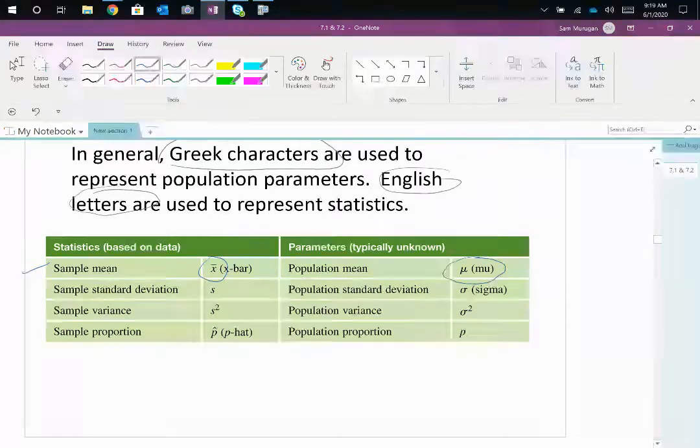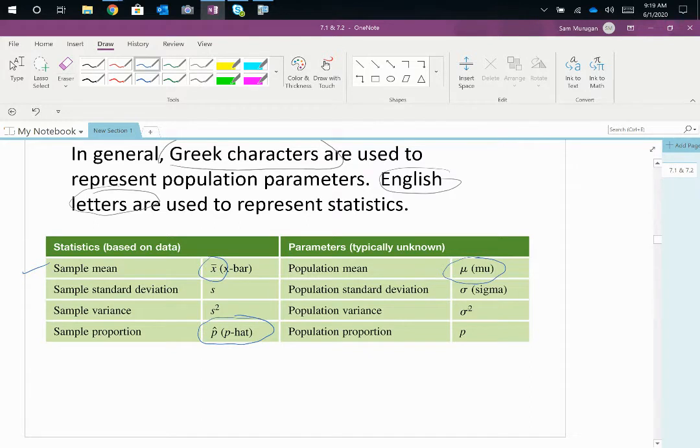And we have different designations here. For example, for statistics, standard deviation is s, sample variance is s squared, sample proportion is p hat.